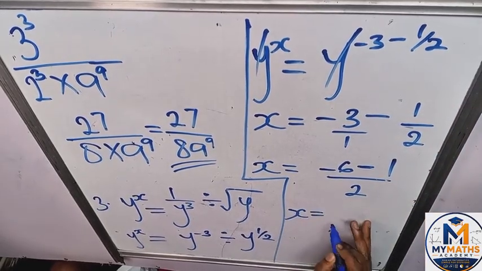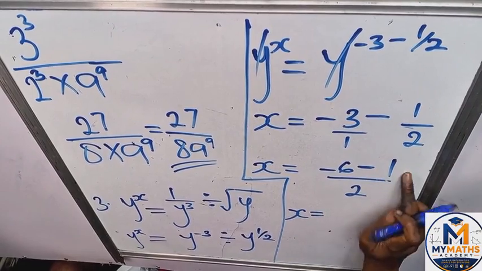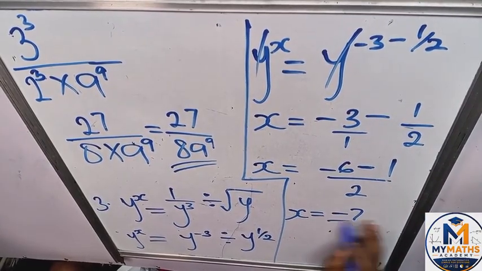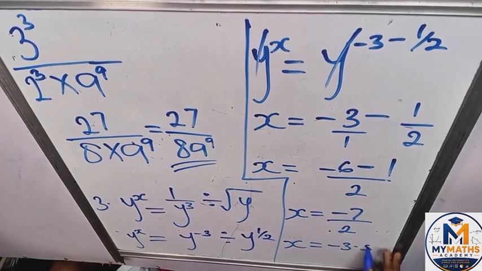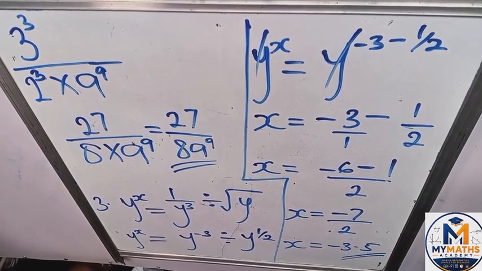So therefore, x is equals to minus 6 minus 1, which will be minus 7 all over 2. So x will be equals to minus 3.5. Is that clear? So this is a very simple way to solve this kind of calculations without much hassle. So you can see how we solve the first one, the second one, and the third one.